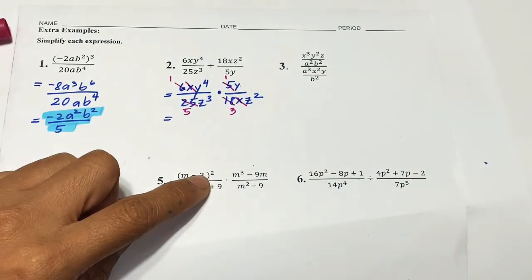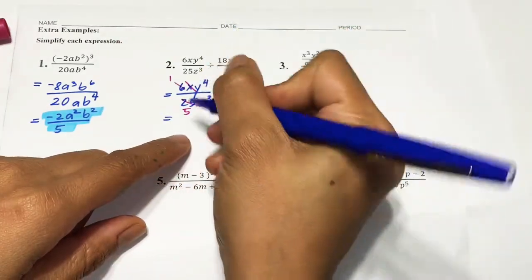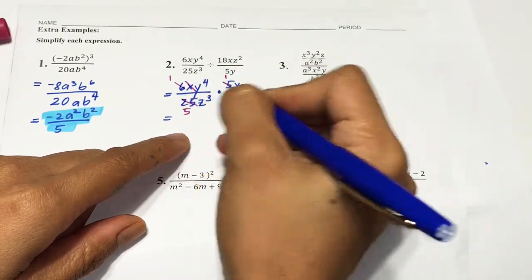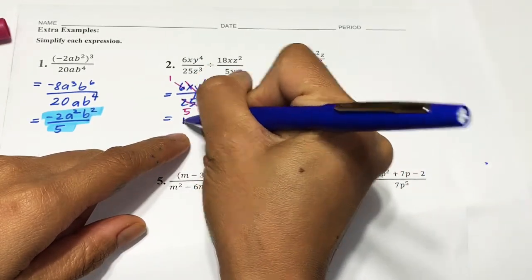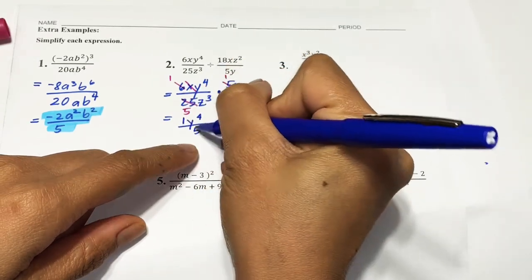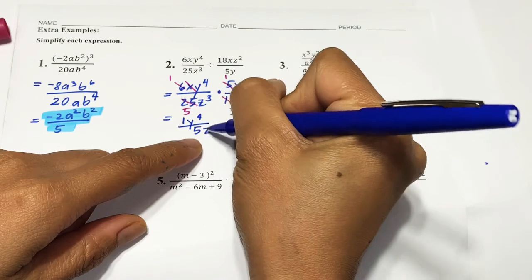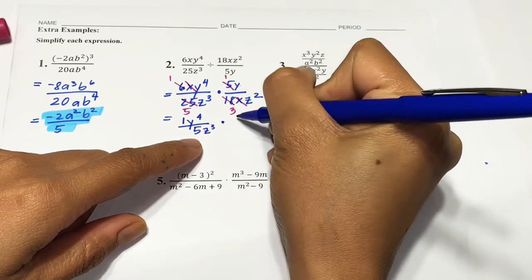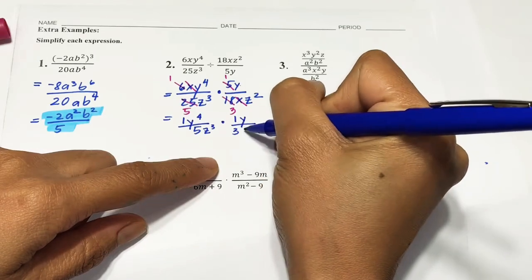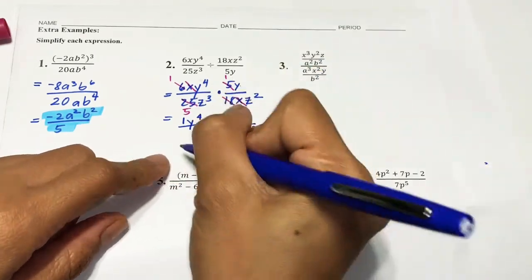So you can rewrite it or you can just multiply right away. I'm just going to show you baby step by rewriting it. That's the same thing as 1y to the 4th over 5z to the 3rd times 1y over 3z squared. This step is not necessary.